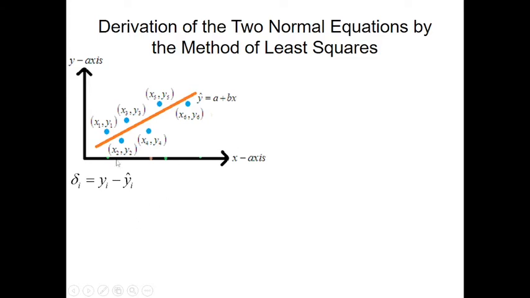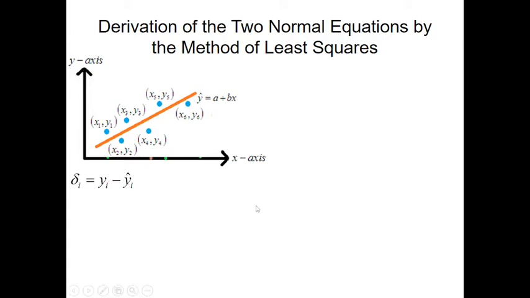So, ang gawin muna natin, we get the discrepancy or the deviation. Kada point, x1, y1 at saka yung y1 hat, considering the 2, for i equals to 1. So, kunin natin yung y1 minus y1 hat. So, ito yung general formula, delta i equals yi minus yi hat.